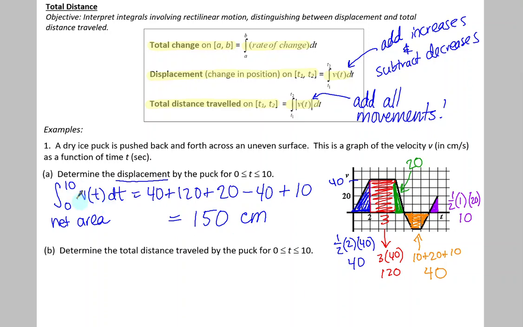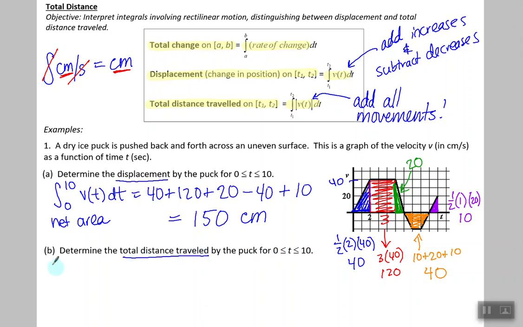Anytime we integrate a rate of change, it takes away that per second. So if we're doing the integral of centimeters per second, that leaves us with just centimeters. Remember, this is like a derivative, and this is the antiderivative, and therefore it cancels out that change and leaves just the centimeters.